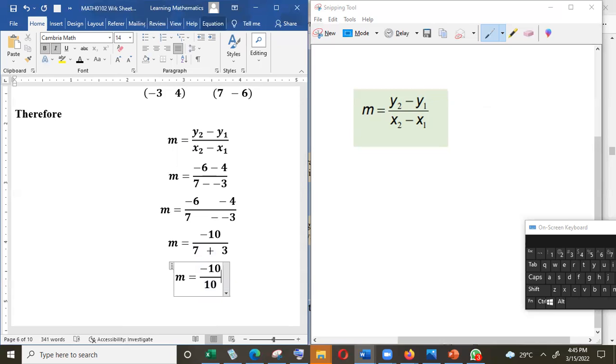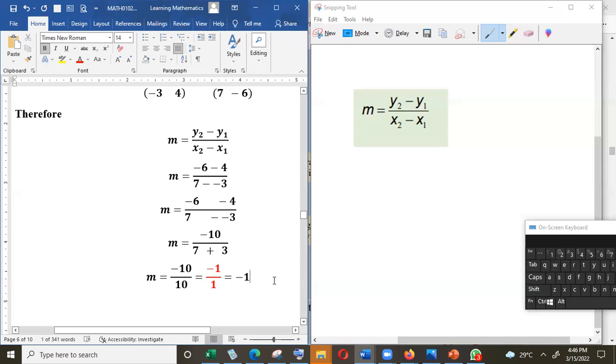So we have -10 over 10. What is -10 over 10? It is -1 over 1. I can even put the negative sign by the 1. We all know the answer is equal to -1, but the reason I am highlighting this representation is for the definition.